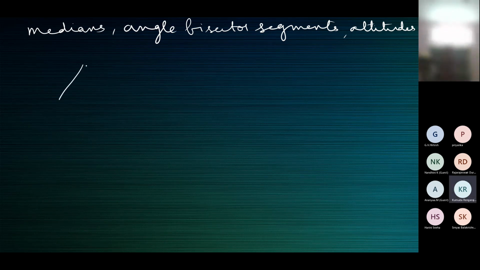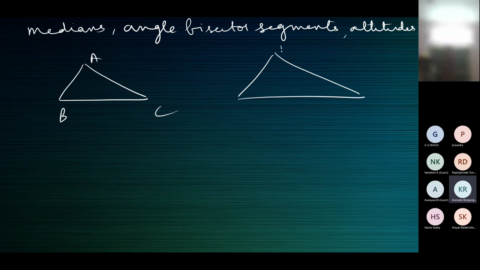Medians. Again, triangle ABC is similar to triangle PQR. So the side BC corresponds to QR. So if you take the median on BC, if I say AM is the median, that means M is the midpoint of BC. Altitude means 90 degrees. But median is not 90, but M is the midpoint of BC.